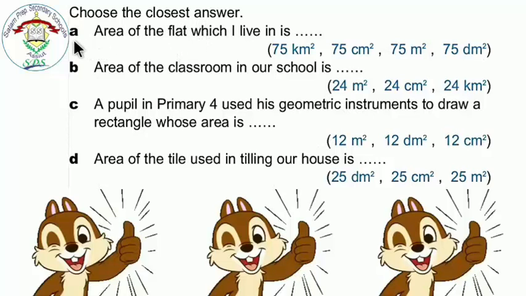The first one, area of the flat which I live in is... Please take care, it is area, so we must have square: square kilometer, square centimeter, square meter, square decimeter. We can't use centimeter, decimeter, meter, kilometer.